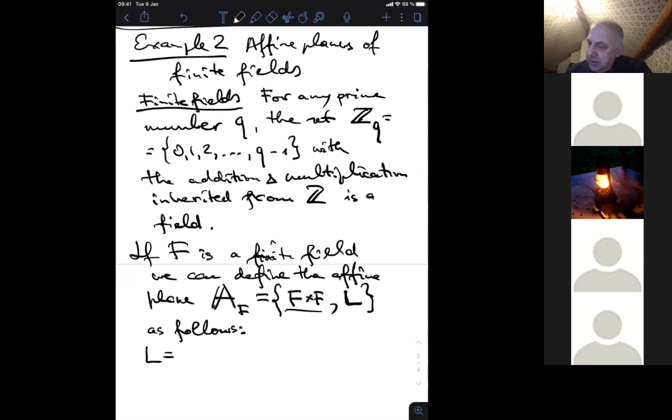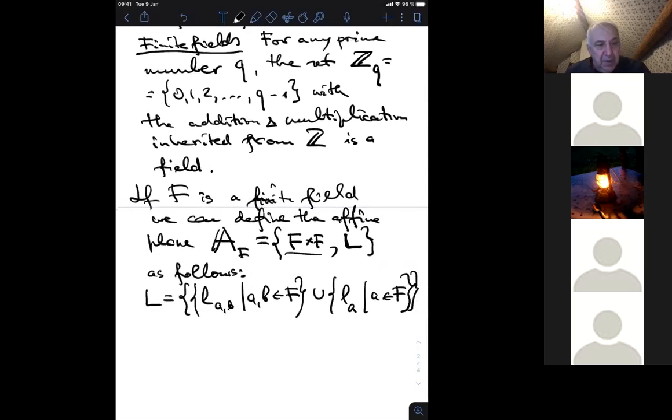The set of lines will be the union of lines of the form L_{A,B}, where A and B are elements in the field. So this would be one type. And then there will be another type, L_A, of just one single element A, where A is an element in our field.